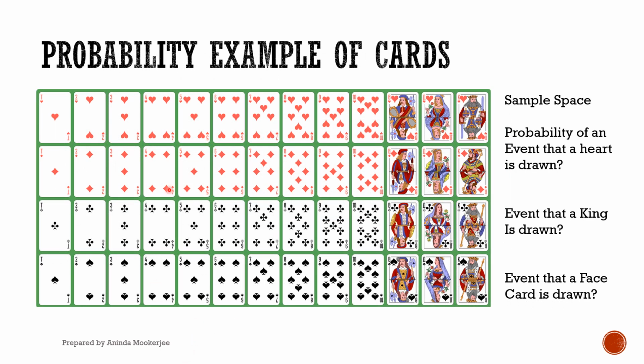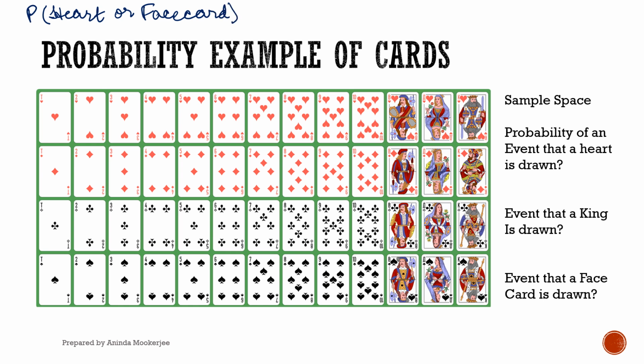Now I'm going to demonstrate the general addition rule using an example of a deck of cards. Let me set up the problem first, which will require an application of the general addition rule. So let's say I want to find the probability of selecting a heart or a face card from a deck of cards.